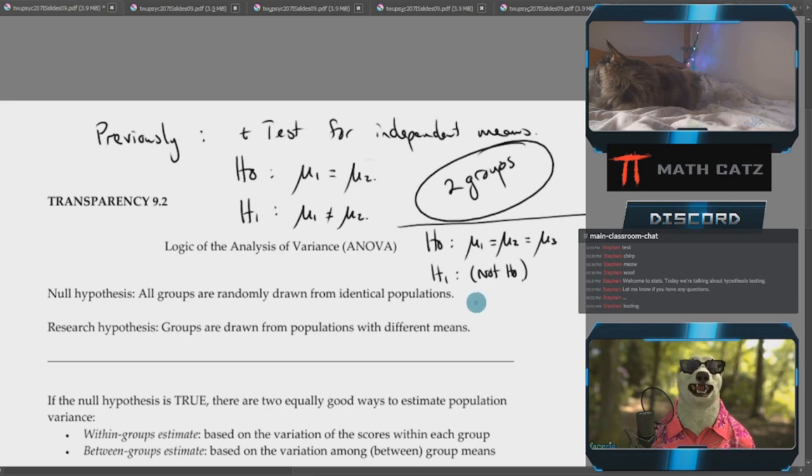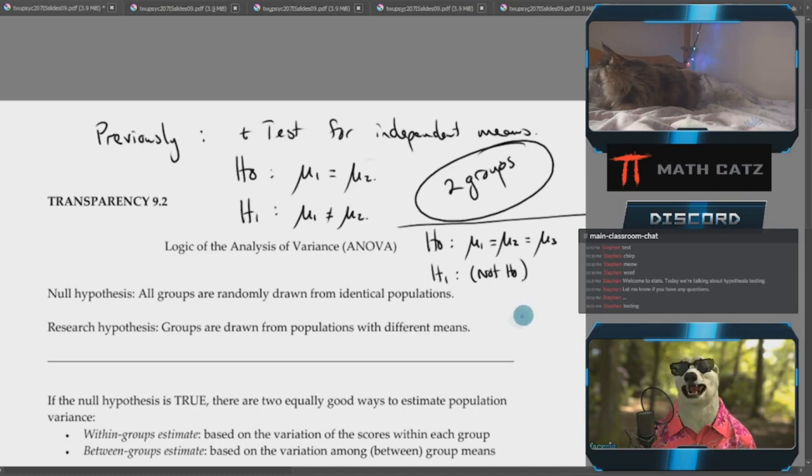So I don't necessarily want to say mu1 not equal to mu2, not equal to mu3. That's not quite true. I don't know where the inequality sits. It could be that these two are equal and mu1 is not. So I don't necessarily want to say that. It is the opposite. There is an inequality somewhere. But if you want to write it casually as not equal, not equal, not equal, just be aware that it doesn't mean they're all different.